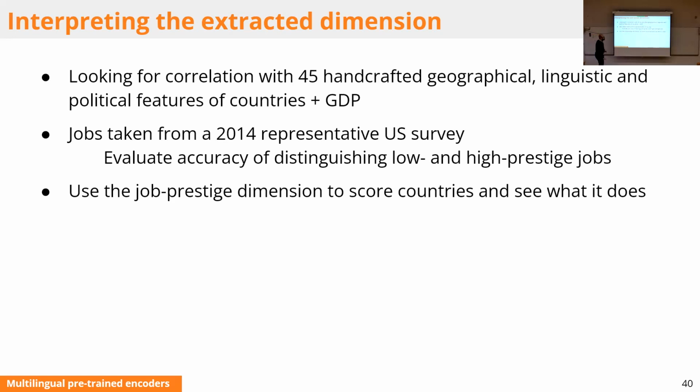And I extracted the first principal component the same way as we did with the moral values, and then I was looking for correlations with 45 handcrafted geographical, linguistic, and political features of the countries and the gross domestic product of the countries.